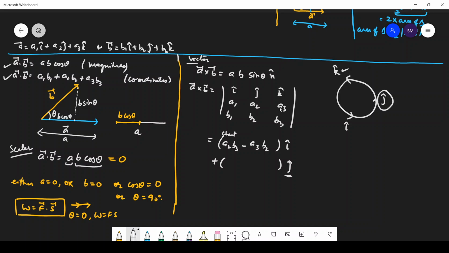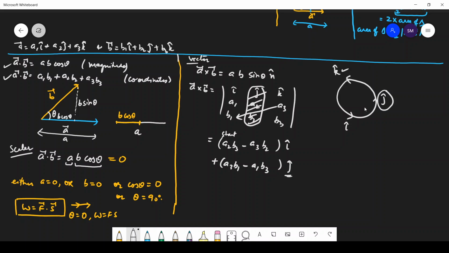So start from k: A3 B1. Minus, now the other way, starting from k, so you are hiding j when you are writing for j: A3 B1 and then A1 B3. So students, this is what you need to remember.